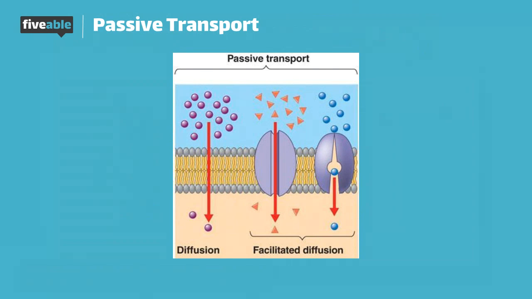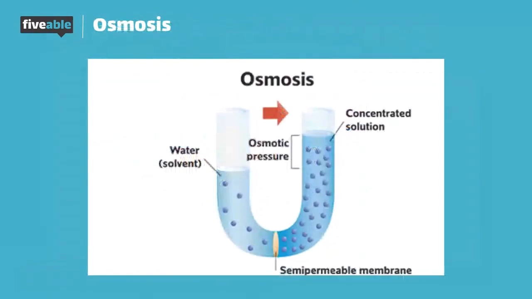So it's just diffusion with one added twist: now we are super specific because we're moving across a plasma membrane or a biological membrane. The only difference between passive transport and diffusion is that it's an example that's slightly more specific. Next example of diffusion is osmosis.